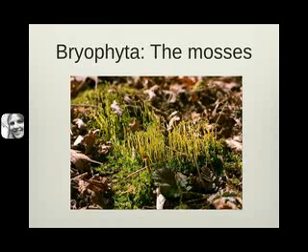The little stalk with the capsule that's attached to it, that's not as frequently observed on the mosses. That's actually the sporophyte generation, or the diploid part of the moss life cycle. The lower to the ground grassy stuff that we see in moss, that's the gametophyte generation, or the haploid part of the moss life cycle.